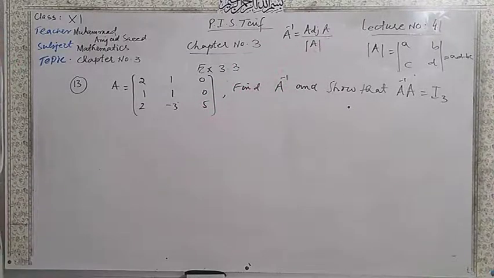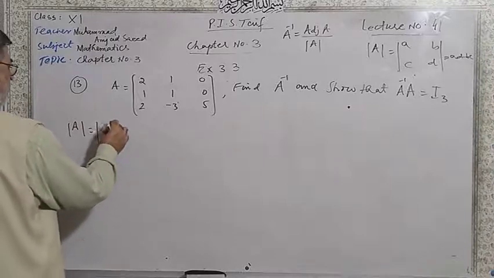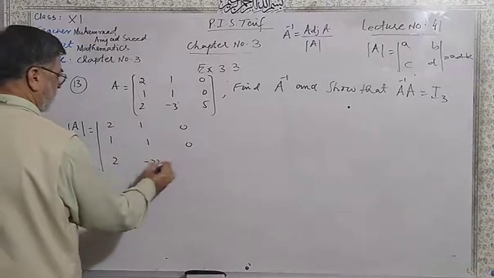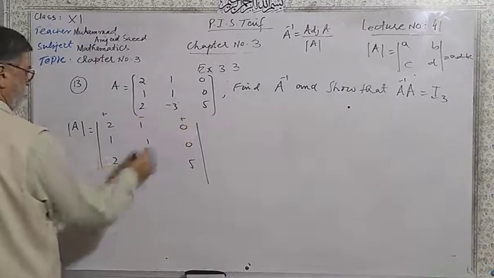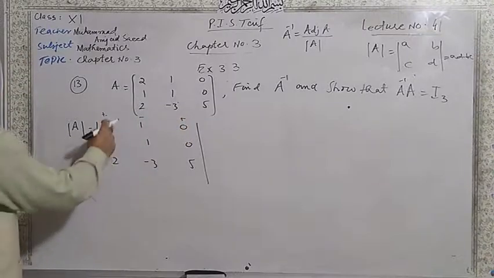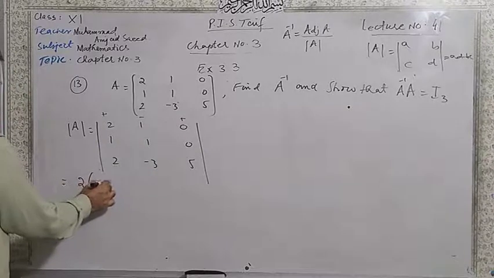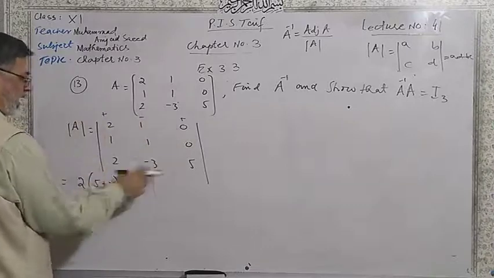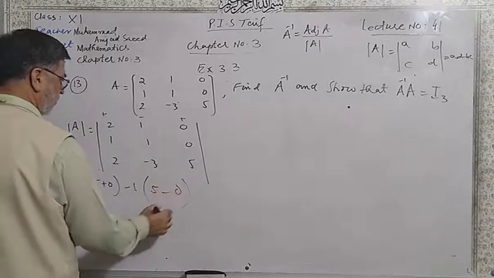So first of all, A determinant: 2, 1, 0, 1, 1, 0, 2, minus 3 and 5. Here the signs are plus, minus and plus. 2, remove its row and column, AD minus BC, 5 plus 0. Minus 1, remove its column and row, I am doing it directly, 5 into 1 is 5, minus 2 into 0 is 0.